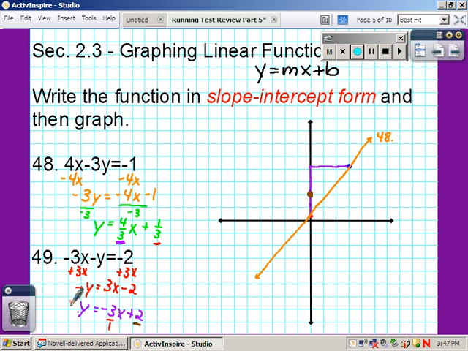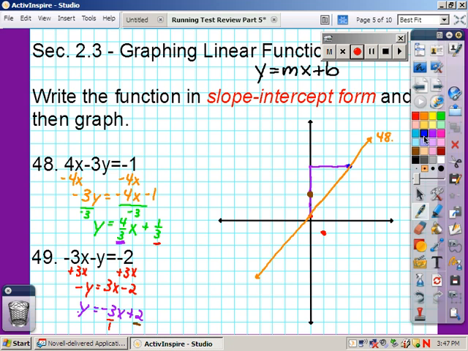That means down 3 and right 1. So from my y-intercept, I'm going to go down 3. 1, 2, 3, and right 1. I'm going to put a point right there. Now I'm ready to draw in that line.